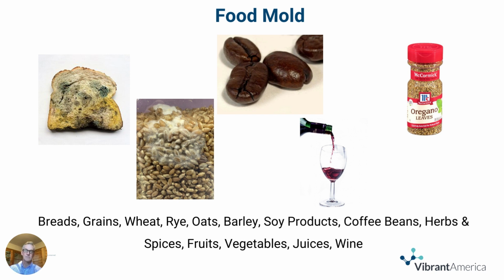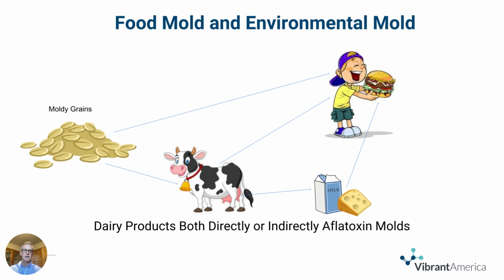These mycotoxins and molds can exist in very small amounts in these foods, and coffee is a relatively high area of exposure. Juices, wine, again, lots of different food sources for these things. Just a quick picture too. We get moldy grains.